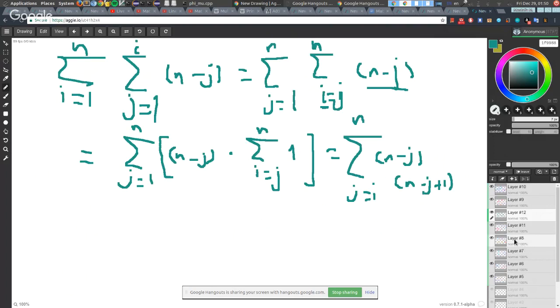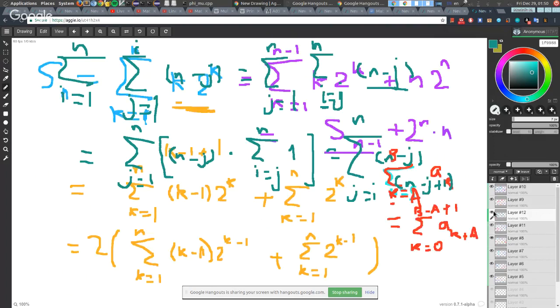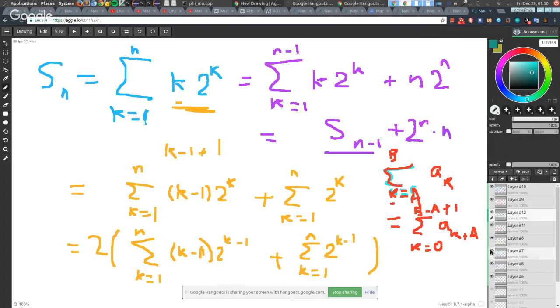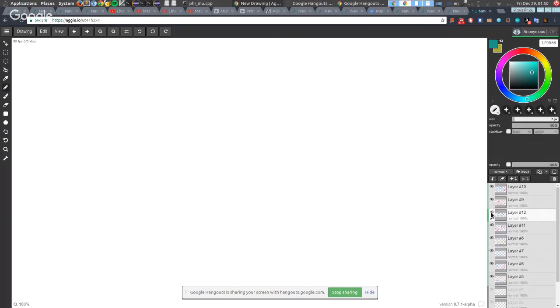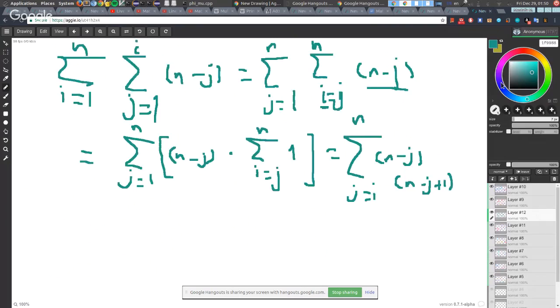Then I will use here the trick which I explained earlier, this reverse trick. Here I will make a new variable, let's call it s, which is equal to n minus j.